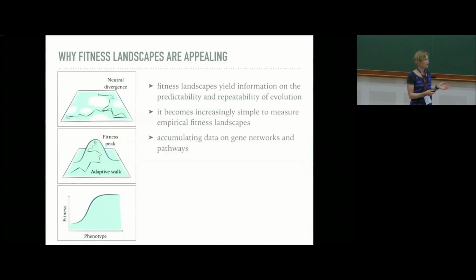So now just a quick way back to why these fitness landscapes are so appealing. So far, we've been going stepwise towards this big fitness landscape and discussed different types of fitness landscape models. But if we now have these big genotypic fitness landscapes, then we could test all of this at the same time, right? Because I've already argued that you could test the predictability and repeatability of evolution. And also, in a way, it becomes increasingly simple to measure these experimental fitness landscapes.